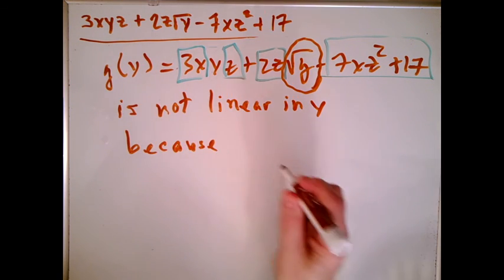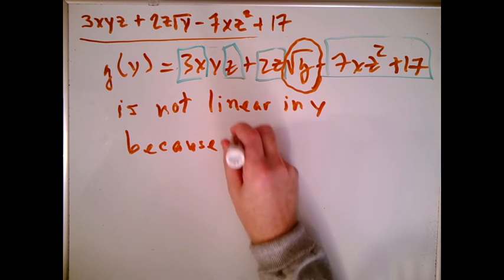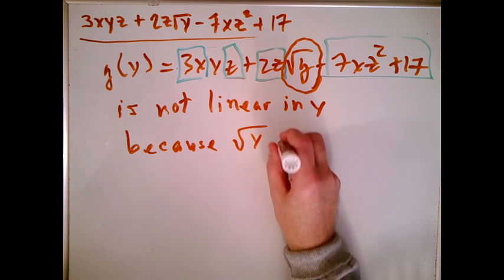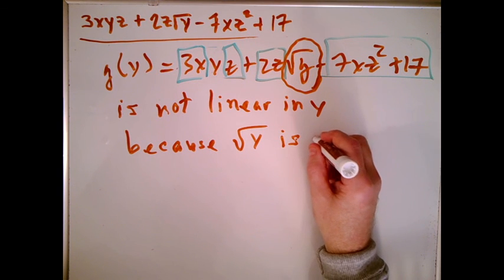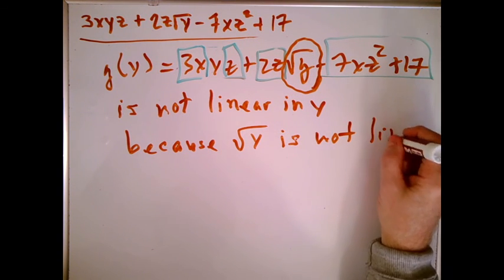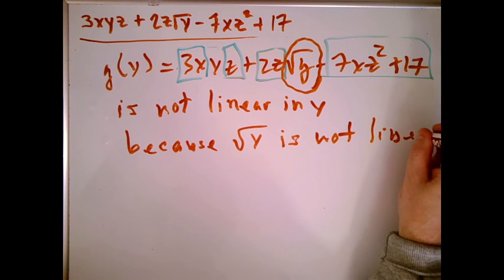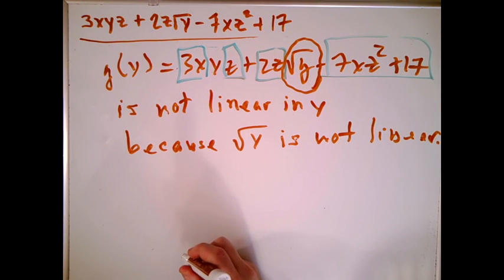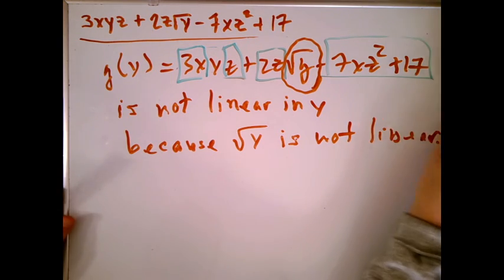For example, if I were to graph it, it bends. Square root of y is not linear. Okay, so I have this great big huge expression that is not a linear expression. It is linear in x. It is not linear in y.